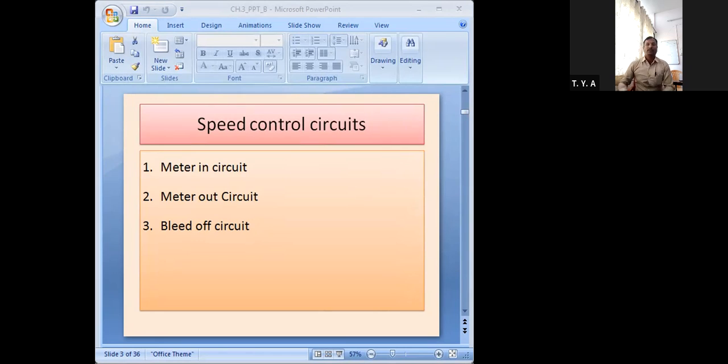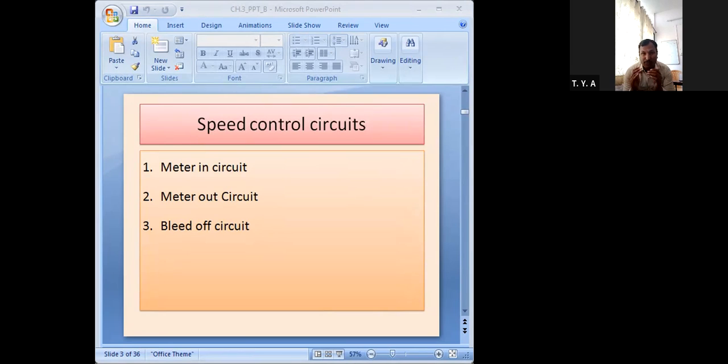Thank you. As we have discussed in our earlier section, flow control valves are used to control the speed of hydraulic cylinders.